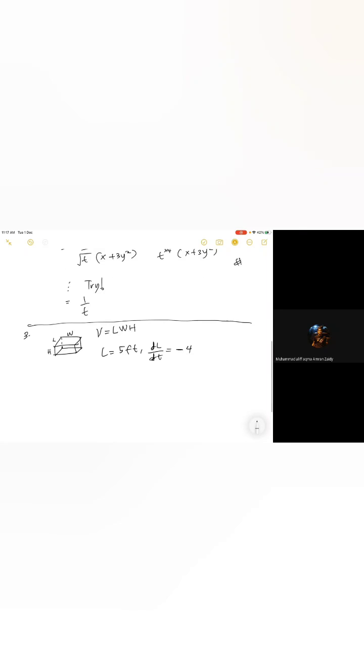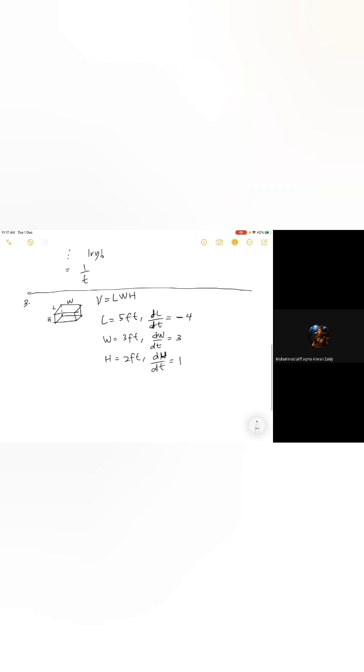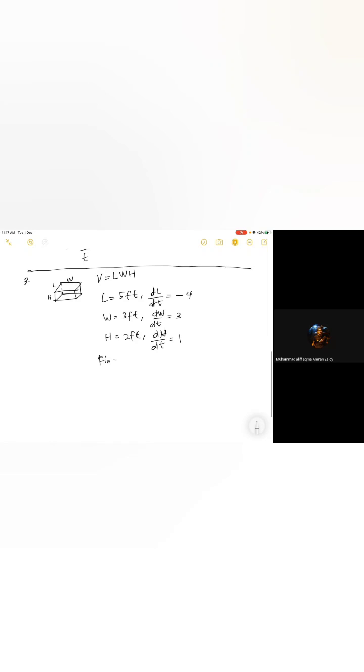Okay, W is equal to 3 feet and increasing, so dw dt is equal to 3, and then the height is 2 feet and dh dt increasing again, so equals to 1. So the question asks you to find dv dt.